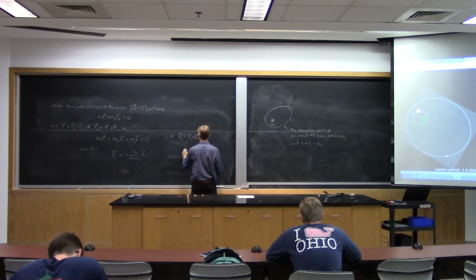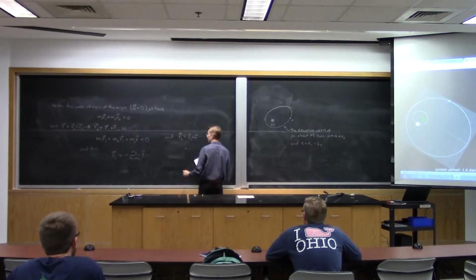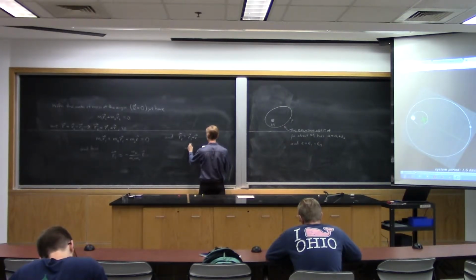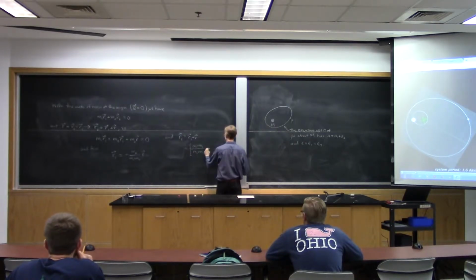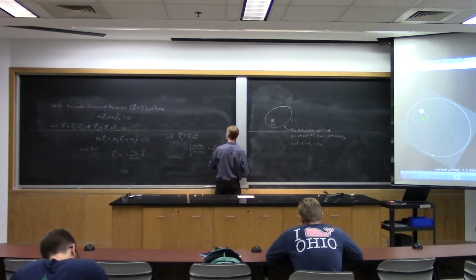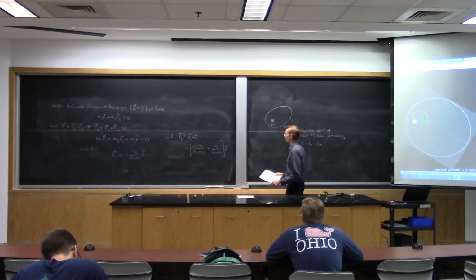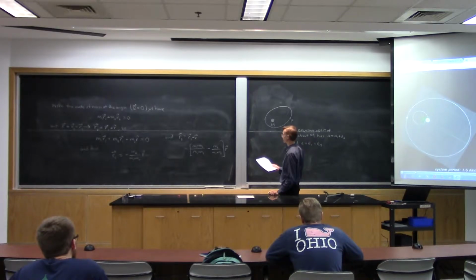So if we write all that out, well, now we know that R1 is equal to minus M2 over M1 plus M2 times R. So we can write this as M1 plus M2 over M1 plus M2 minus M2 over M1 plus M2 times R. What am I doing here?